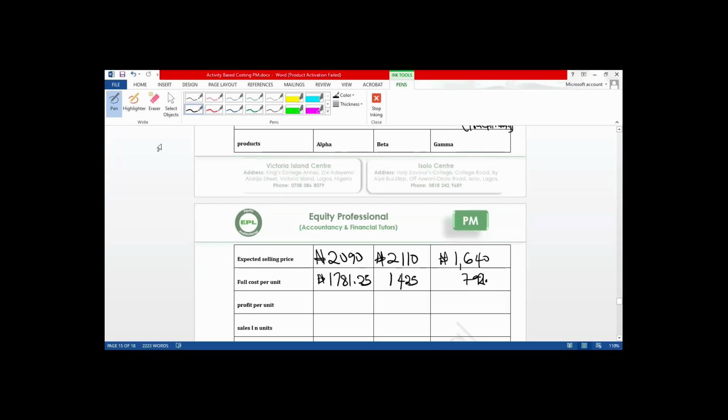Thank you. You can get your profit. Profit per unit, please compute selling price minus cost.